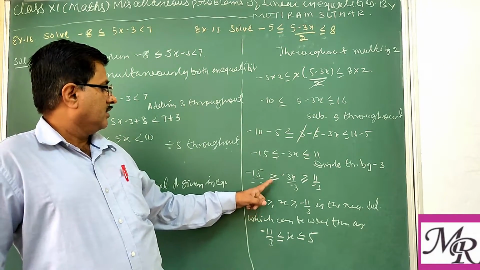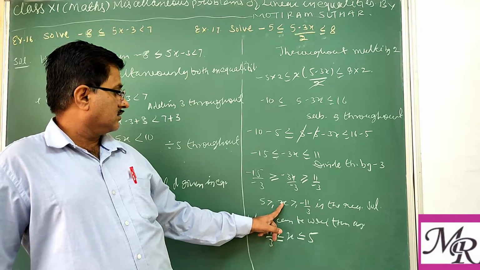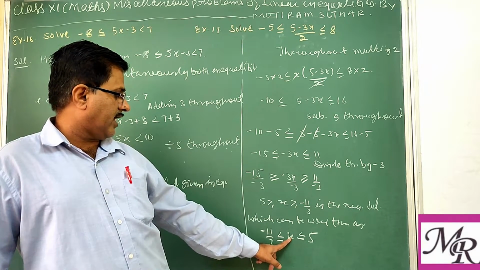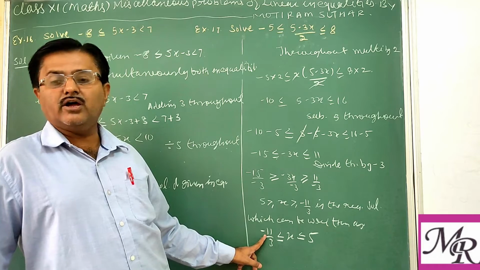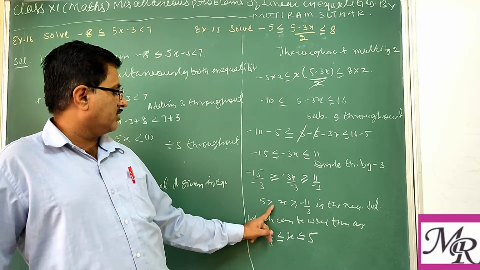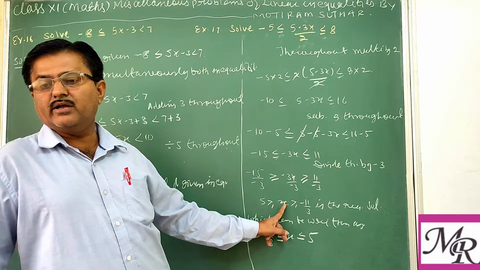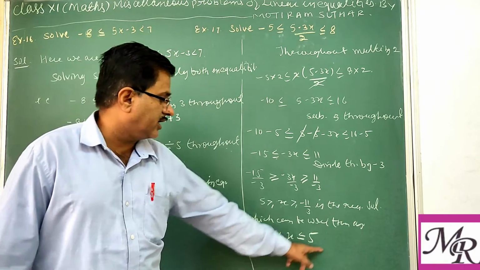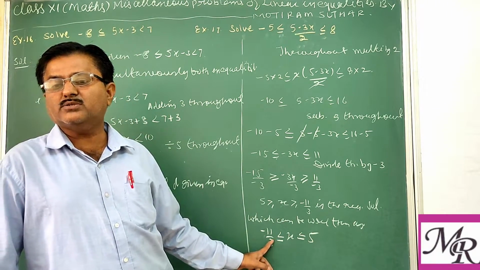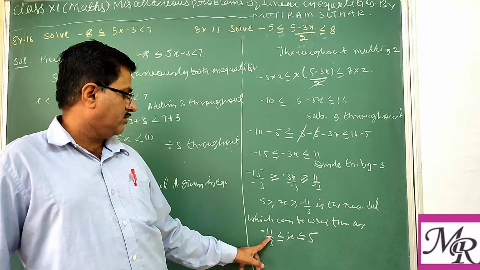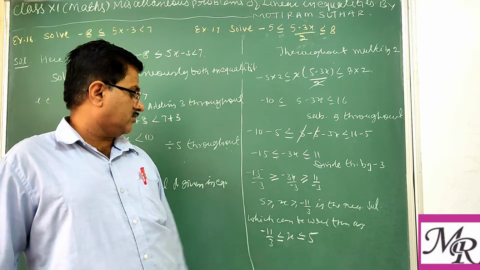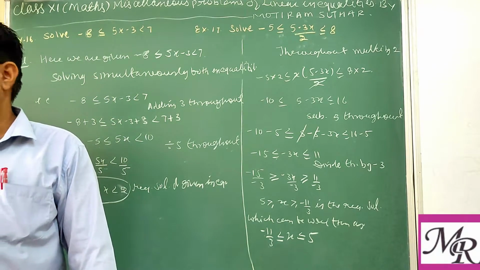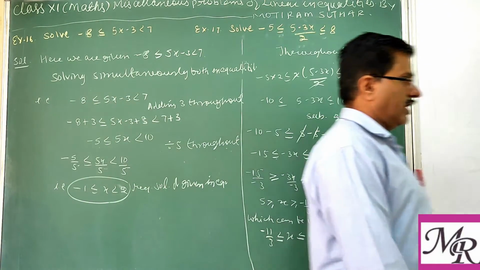So x is greater than or equal to -11 by 3, and x is less than or equal to 5. In standard form we generally write the negative number first. That's why we write x greater than or equal to -11 by 3 and less than or equal to 5 as the required solution of the inequalities. So write this down.